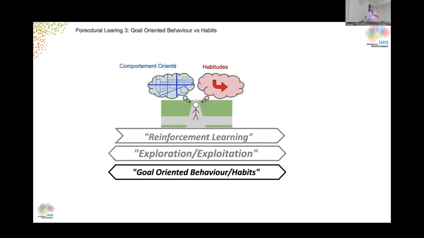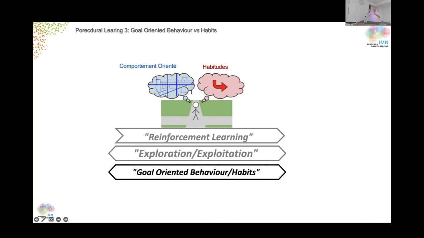A third way is what you will find in cognitive science as the trade-off between goal-oriented behavior and habits. Typically, it's what you do when you try to navigate in a new place. If you move, for example, to a new home, you have to find a way to get to your work. You will need a representation of your environment to be able to reach your work from your home.